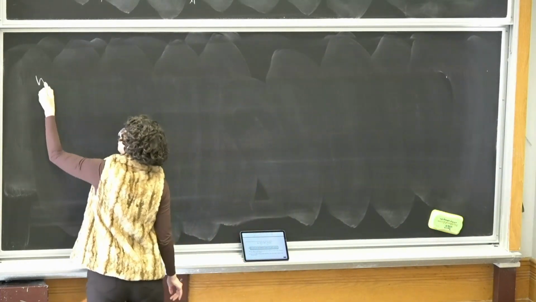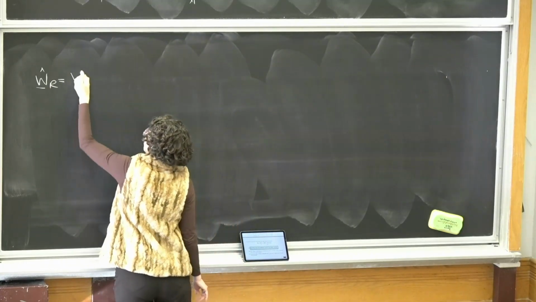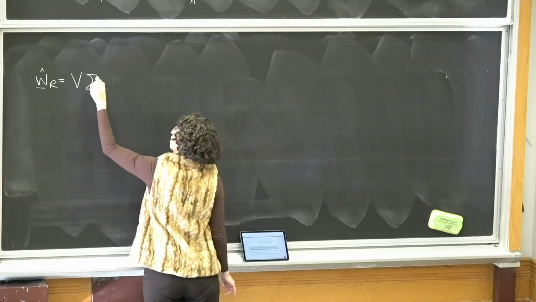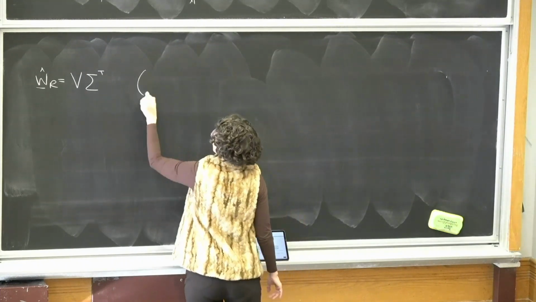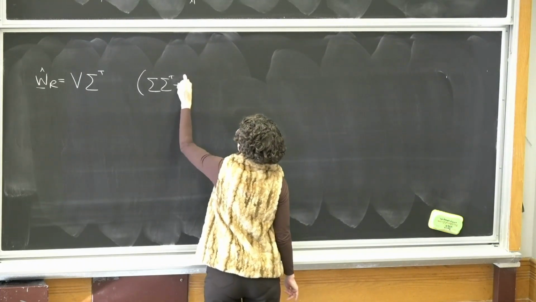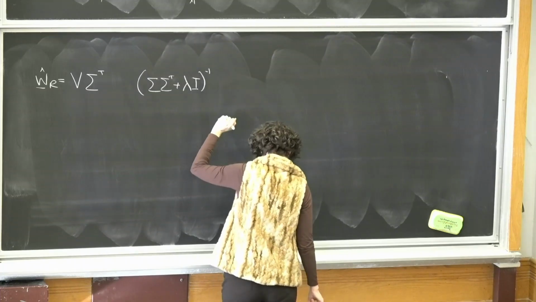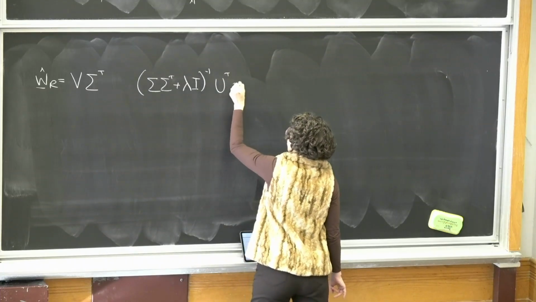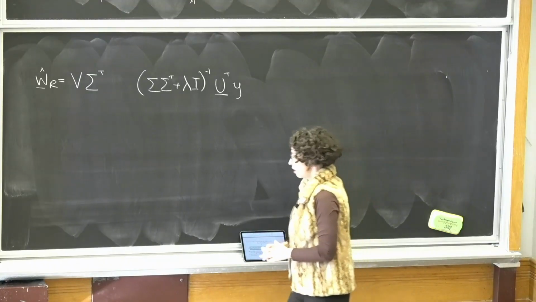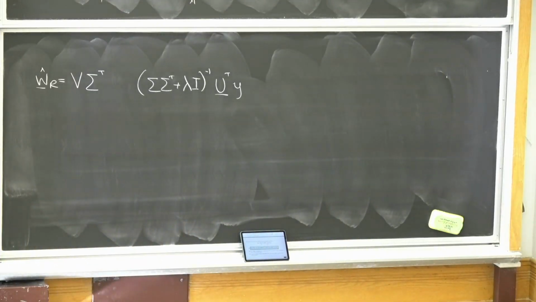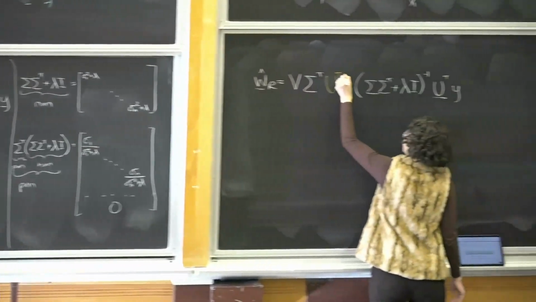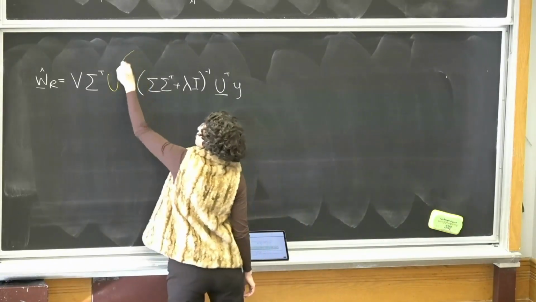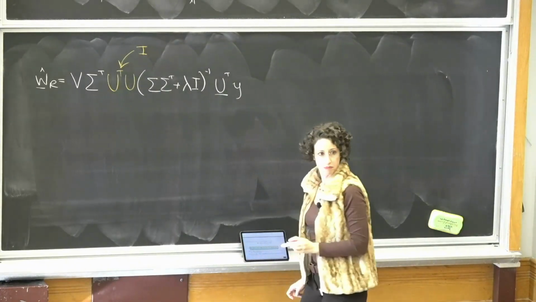Okay, so when we look at our ridge regression estimate, we've got V sigma transpose, and then I'm going to leave a little space. Then I've got sigma transpose plus lambda identity inverse, and then I've got U transpose Y. And now what I'm going to do is insert in the middle of that a U transpose U. And I can do that because I know that this is identity.